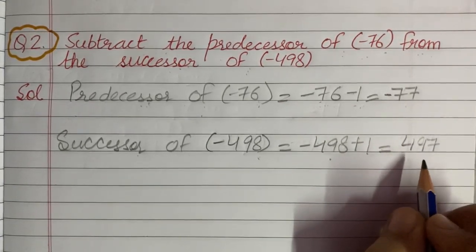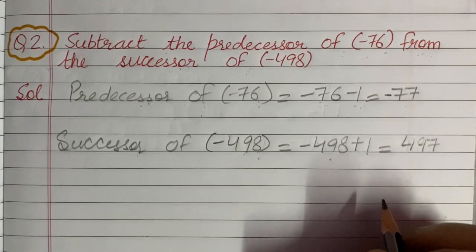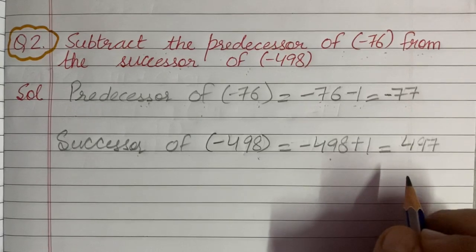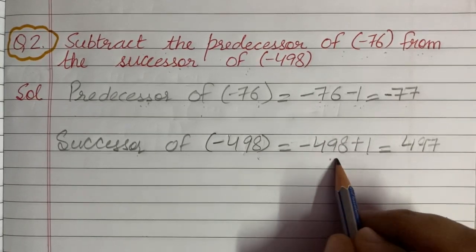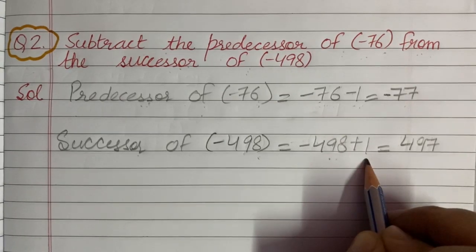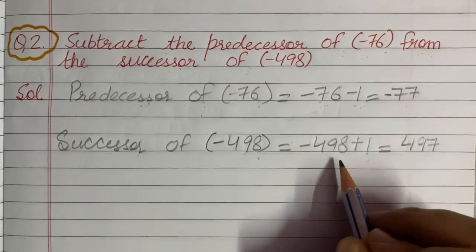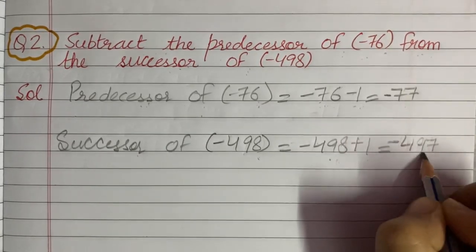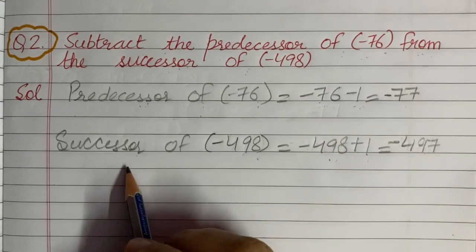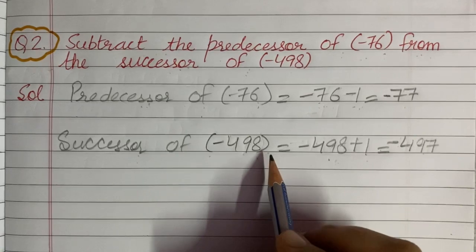On subtracting them, we will get 497 as an answer, and which sign we will take here? We will take the sign of the bigger number, and out of 498 and 1, which is the bigger number? The bigger number is 498, and here 498 is negative. So minus 497 is the successor of minus 498.